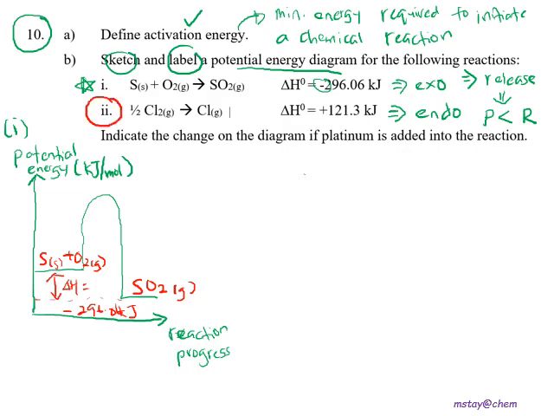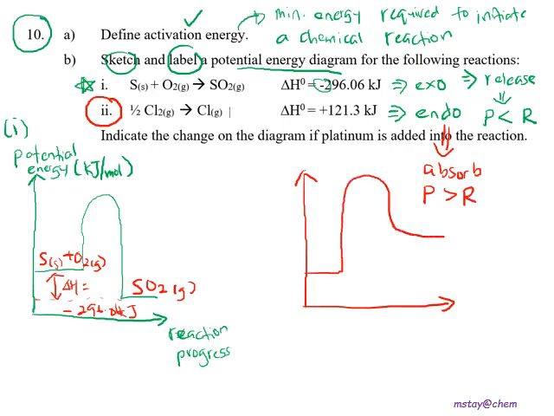Similar case will happen to question B2, only this time I will make it a bit faster. This time, because it's endothermic, it absorbs heat, so the energy of the product needs to be higher than the reactant. In this case, it's 1/2 Cl2 gas, and this one is Cl gas. Same as before, you have to label potential energy in kilojoule per mole and also reaction progress.